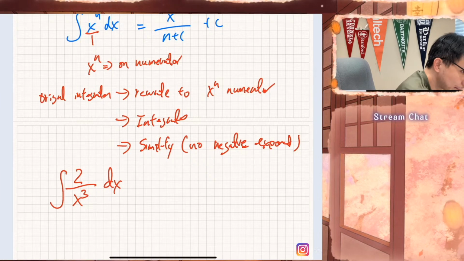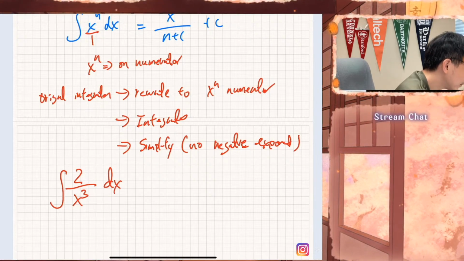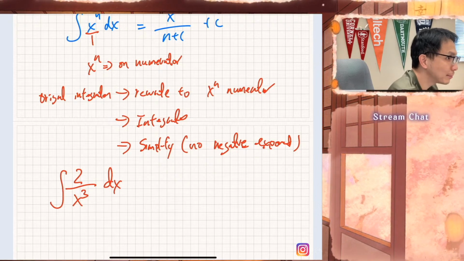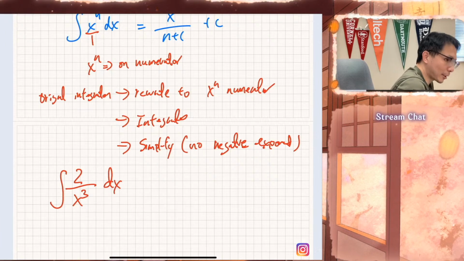Would be negative x squared, or negative 2, no. Sometimes it's good to be patient and just think it through instead of jumping to conclusions.